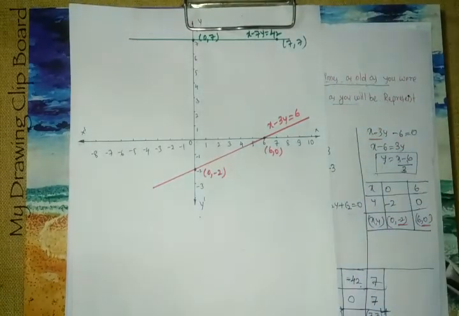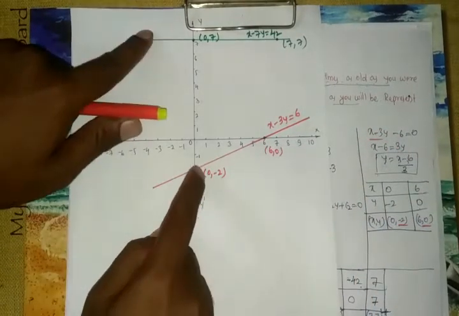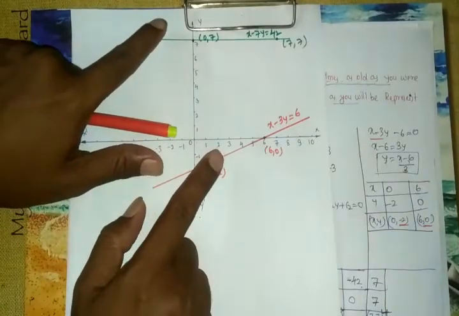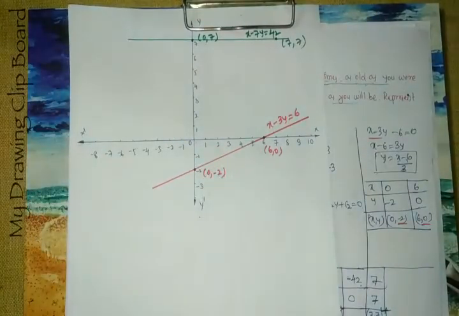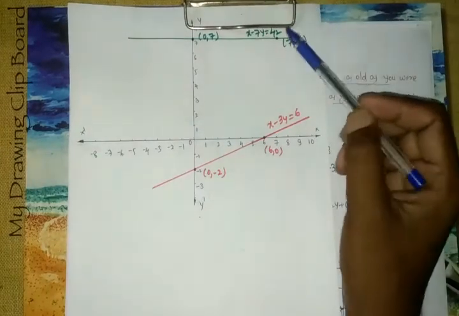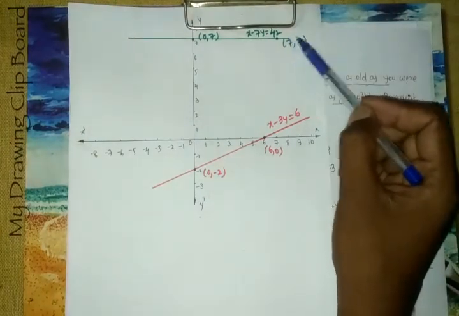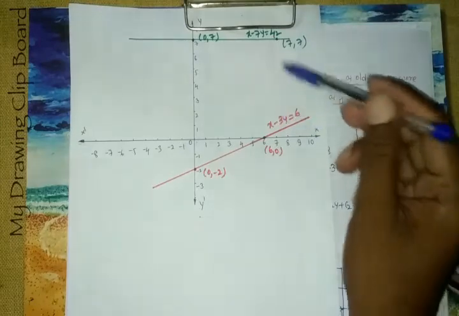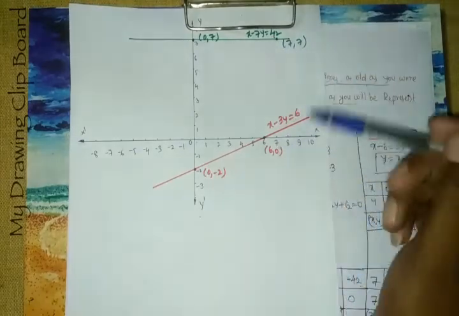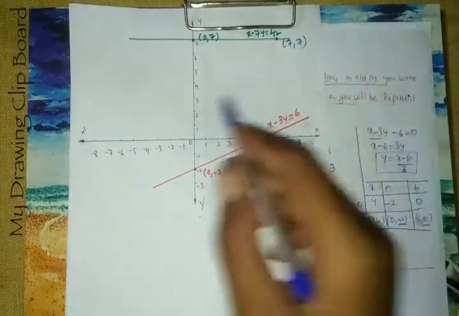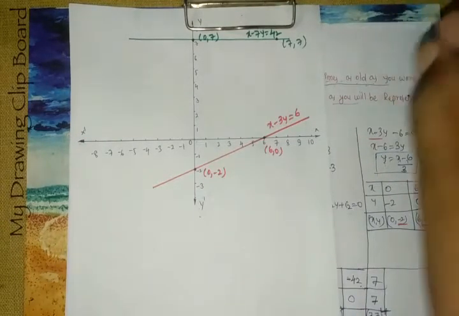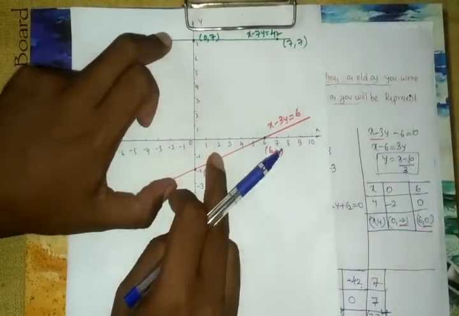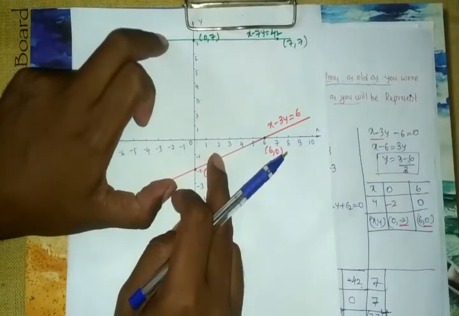Okay, now looking at these 2 lines, what I will predict is these two lines will meet somewhere at the intersection. These two lines are not parallel lines.